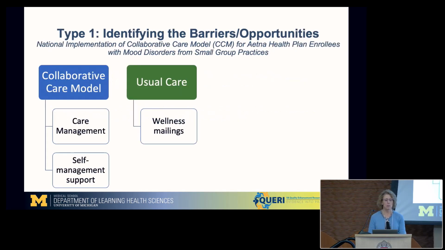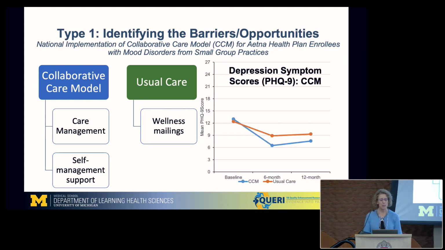So this was the actual hybrid type 1 we designed in a health plan, Aetna, where we randomized patients to receive the collaborative care model, where they got access to a care manager and some self-management support, or to usual care, which was wellness mailings. And what we found was, not surprisingly, that both ended up reducing depressive symptoms, but the collaborative care model reduced them more over time, although they kind of ended up with a regression to the mean.